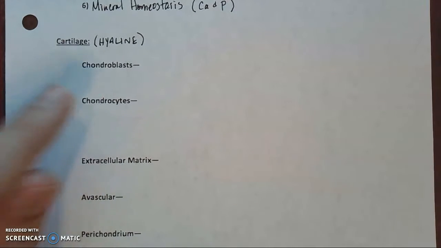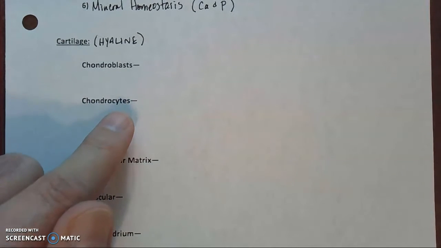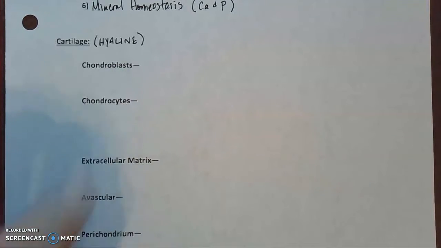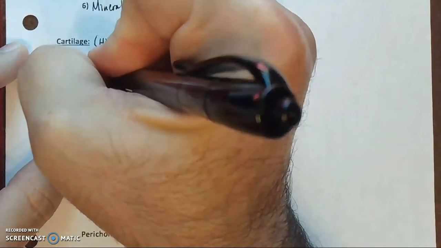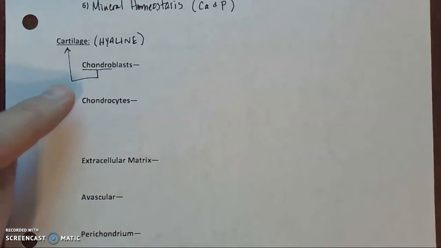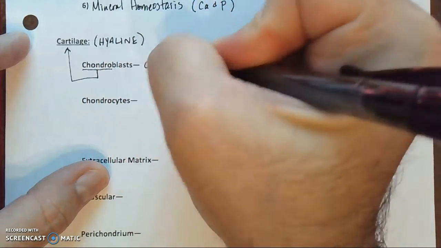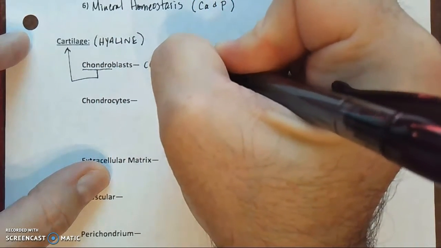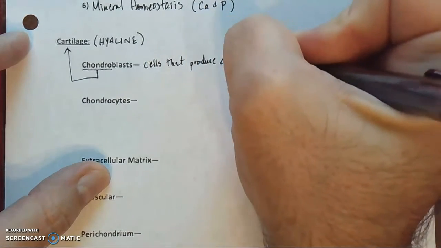Some of the terminology, you might recognize some of the endings to these: blast and cyte. Chondro means cartilage, and blast makes ECM. So these are cells that produce cartilage ECM.